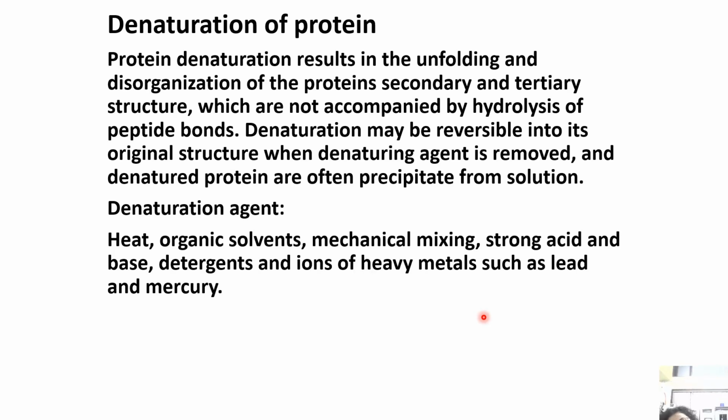The denaturing agents can be of different types: heat, organic solvents, mechanical mixing, strong acids and bases, and detergents, and also ions of heavy metals such as lead and mercury.